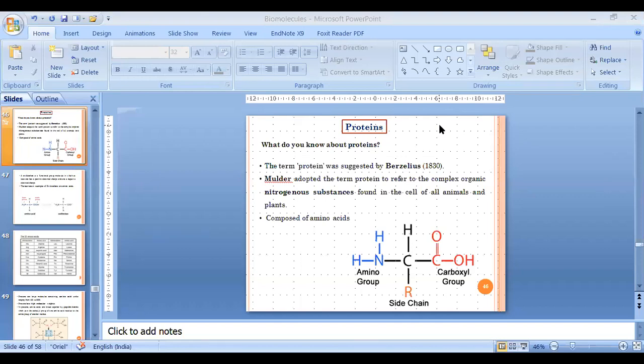Yeah, what do you know about protein? You don't need to leave the meeting, okay? If you are not knowing, that's absolutely fine. Don't leave out of fear, at least you will stay here. That's fine. Those who are willing to tell can raise their hands. There is no force from my side.